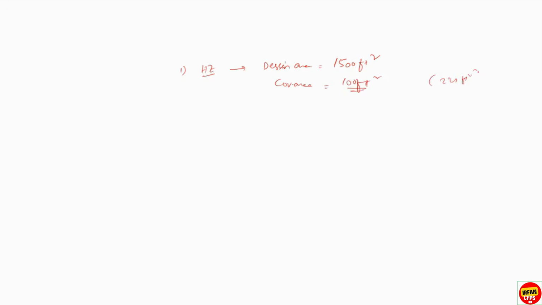For light hazard, I told you 225 square feet, right? For example, in your project, consider it as ordinary hazard now. For ordinary hazard, 130 square feet is the coverage area per sprinkler. If you convert into metric units, it is 12.1 square meter.